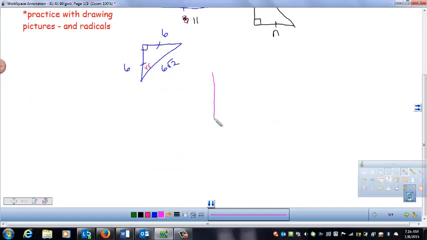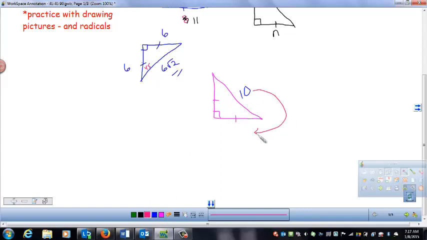So let me draw you a new one. And I'm going to make these two congruent. Let's say this time you know that the hypotenuse is 10. Because usually we're finding the hypotenuse, it's the one that has the root 2 with it. So this one's a little bit weird. This time the hypotenuse is 10. So now you have to do algebra.